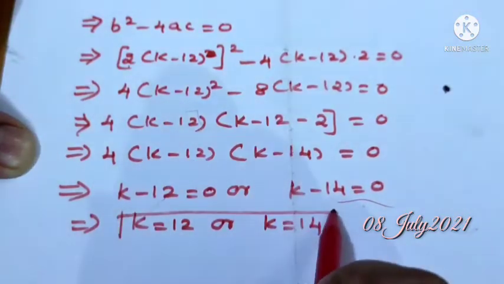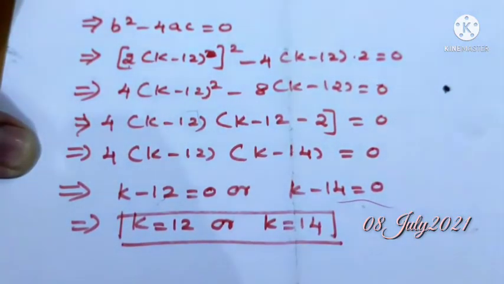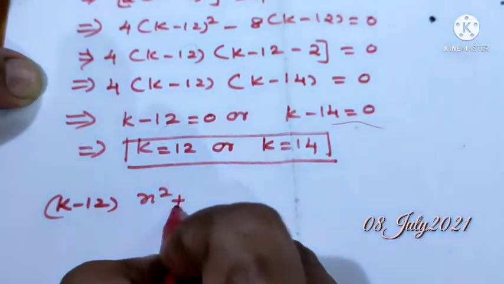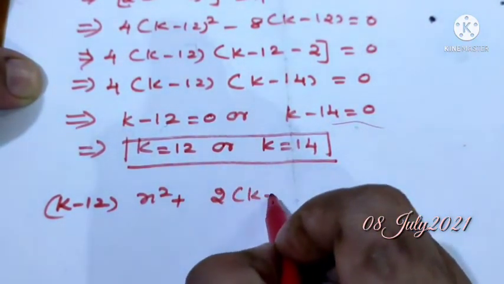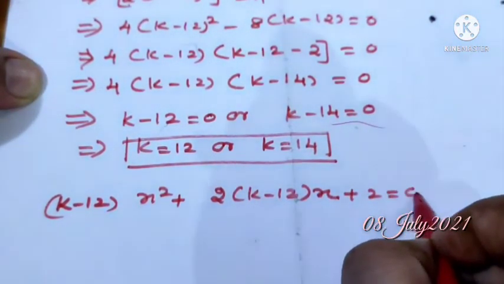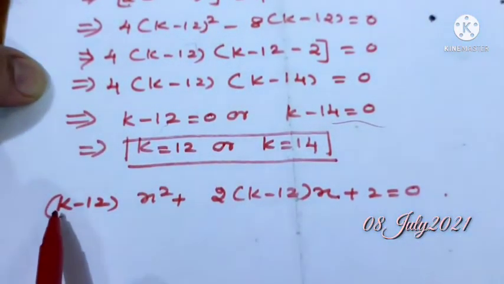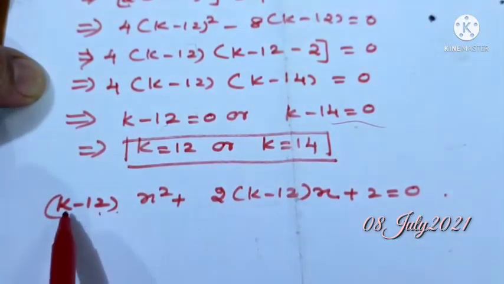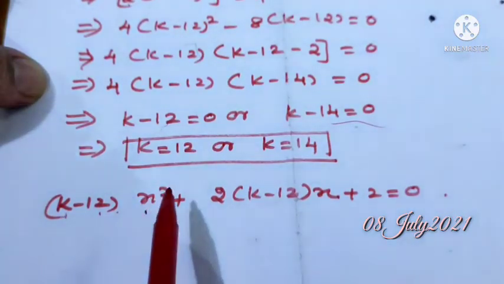Now one problem is there. If you remember, what is the equation we are having? (k minus 12) into x square plus 2 into (k minus 12) into x plus 2 equal to 0. Suppose we are putting k equal to 12. What will happen to this one? 12 minus 12, it is equal to 0, right?